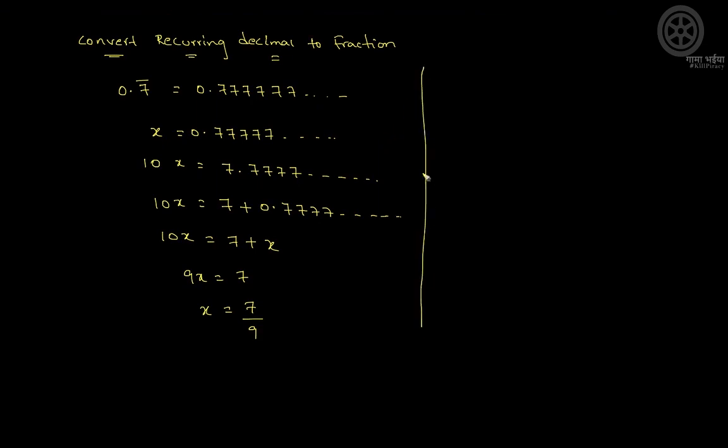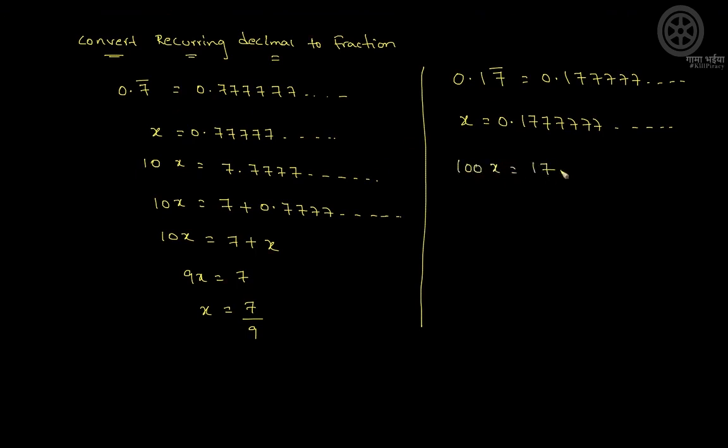This is the procedure. We will see one more example. Now we will take 0.17 bar. This can be written as 0.177777 and so on. If I assume x equal to 0.177777, see why we multiplied by 10 earlier, because we had only one decimal bar. Now here we have two decimals, so I will multiply by 100.